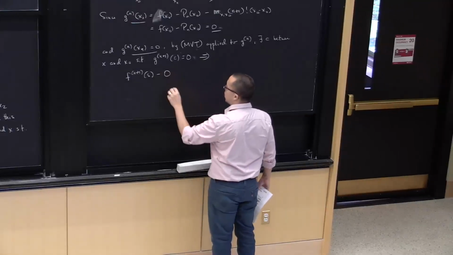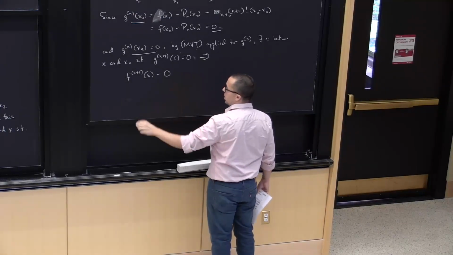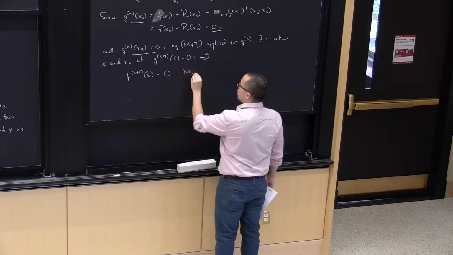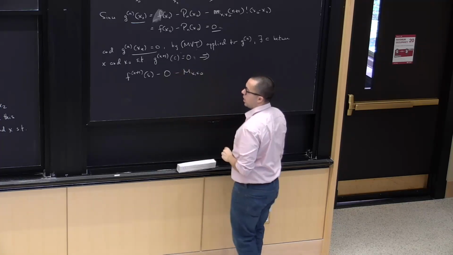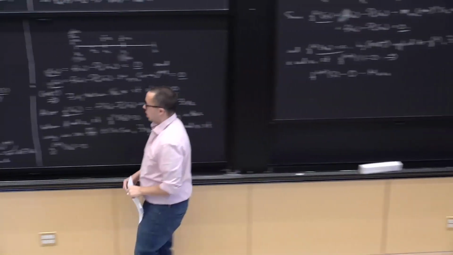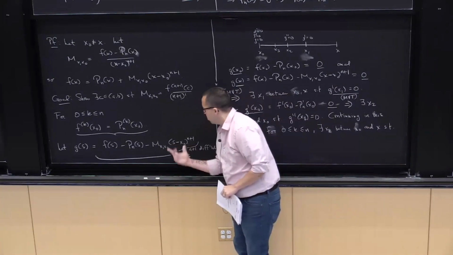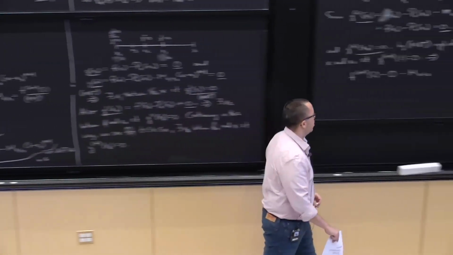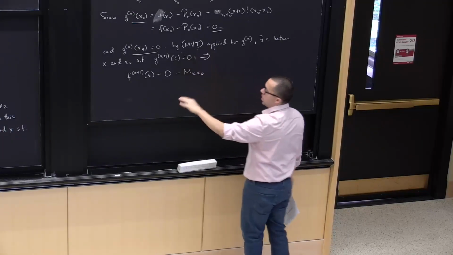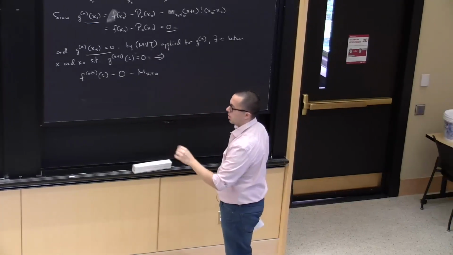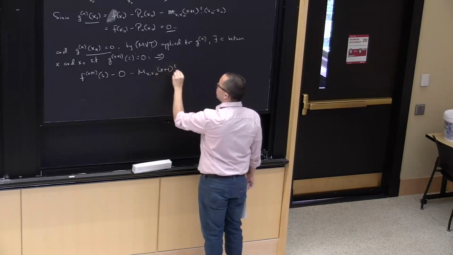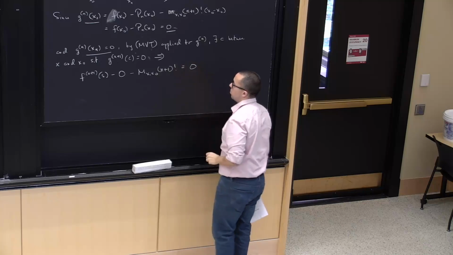I get 0 when I differentiate n plus 1 times an nth degree polynomial minus m, this constant again, times n plus 1 derivatives of this monomial here in S. So remember, all these derivatives I'm writing down here are in terms of S, okay? Times n plus 1 factorial, and this equals 0.